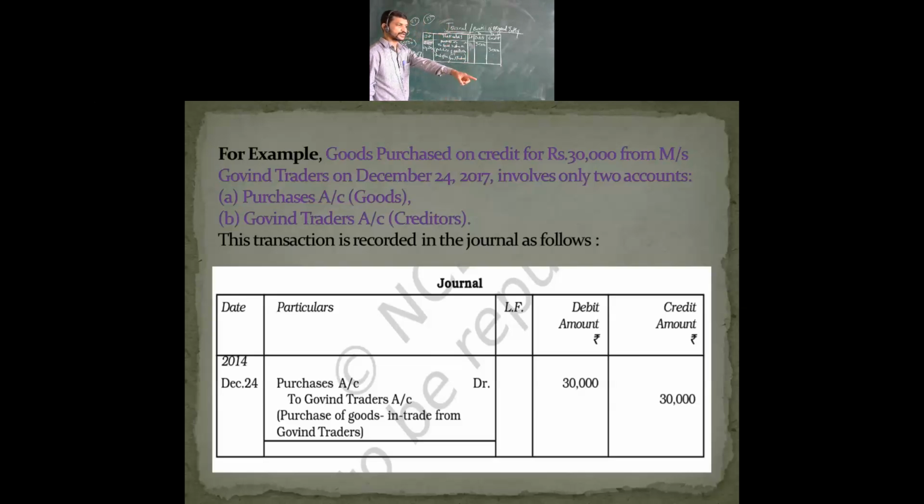This is the narration over here. Then here it is debited, and here it is the debit amount and credit amount. It has been done. For this journal entry we call it a simple journal entry. You can see over here, this is a simple journal entry. Only two accounts are involved. Remember this point.